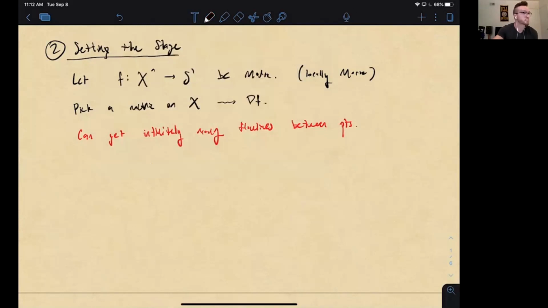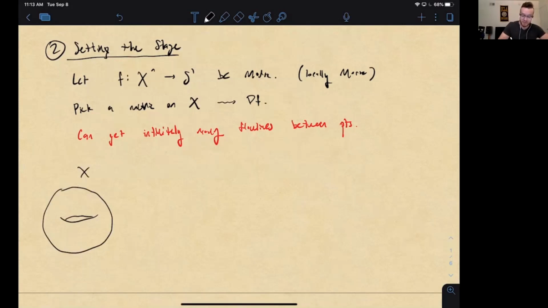So maybe to start drawing a picture. Here's my manifold X, and I'm thinking about the circle valuedness as being this way.